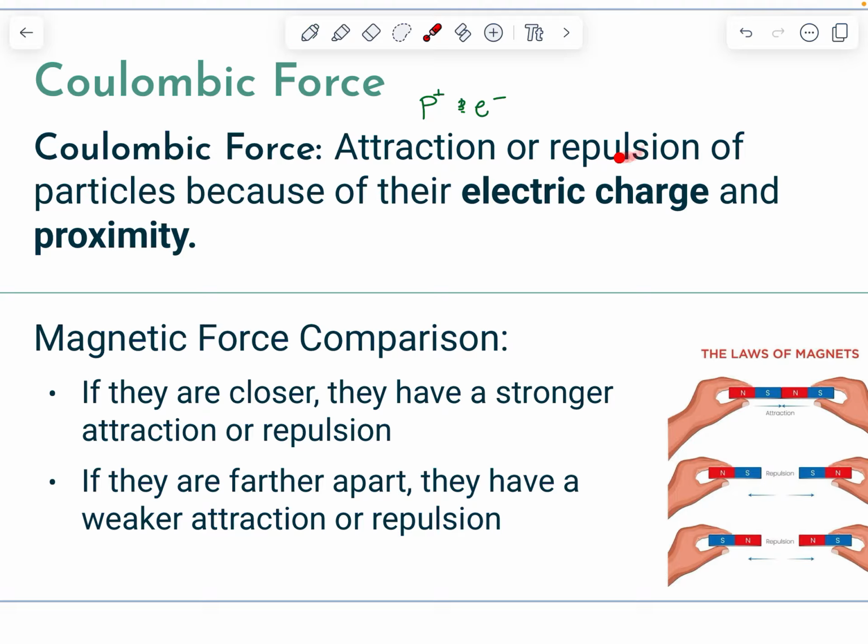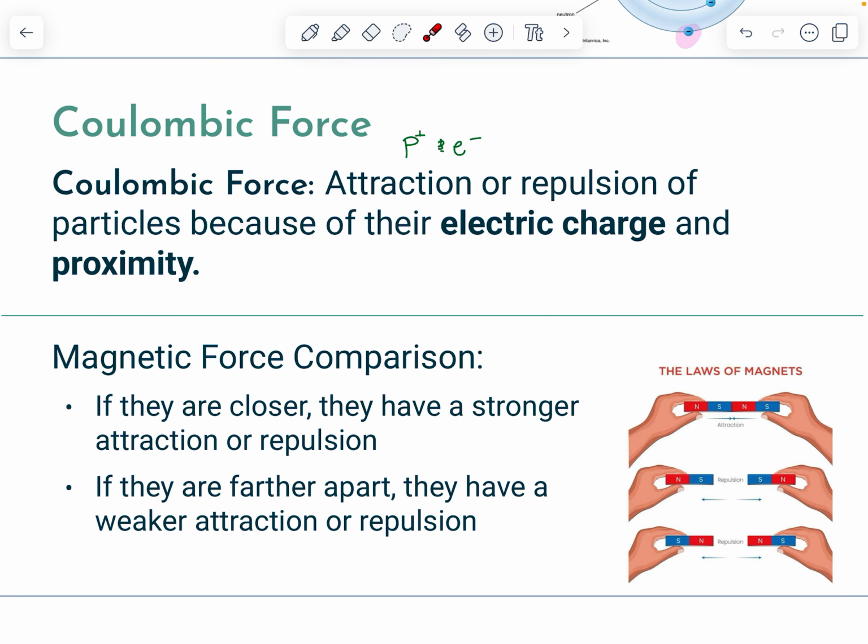But Coulombic force is also why the electrons repel each other and the protons repel each other. So we're going to have to focus on 2 things, the amount of charge and the proximity. The reason that this is called Coulombic force is that a coulomb is what we measure charge in. And so it is just a force, a push or a pull, but it is because of that charge.